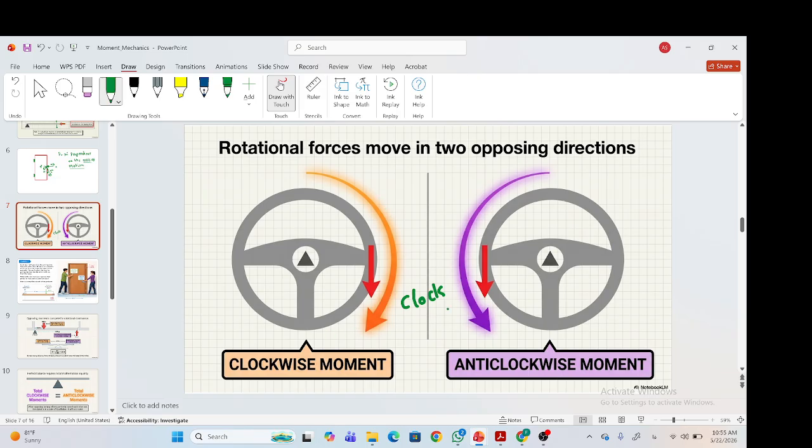But if the force is applied to move the object opposite to the clock's motion, this is called anti-clockwise. So in circular motion we have these two very important words. They explain the direction of the motion, clockwise and anti-clockwise, so keep them in your mind always.